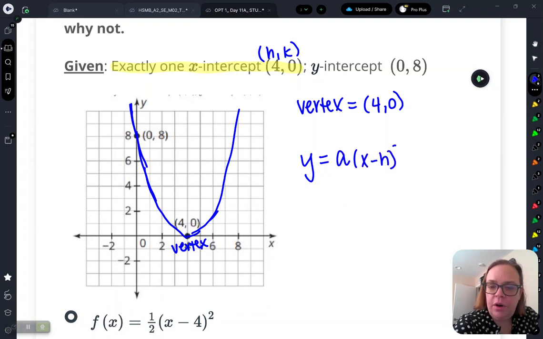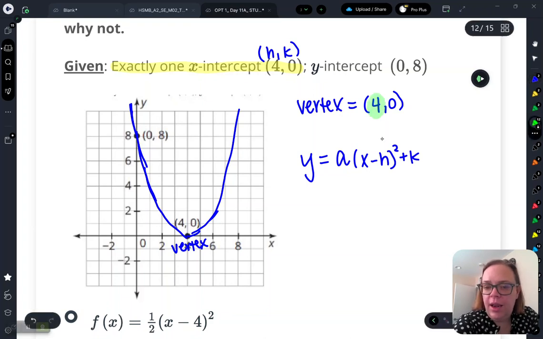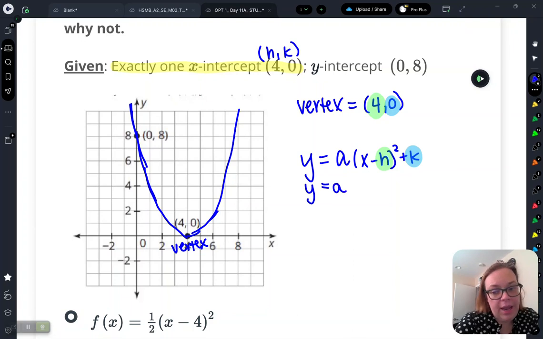I'm going to substitute in that h, and the k, and I get y equals some a, we don't know what a is, times (x minus 4) squared plus 0. Now, you don't need to write plus 0. Adding 0 doesn't do anything, so I'm going to erase that.